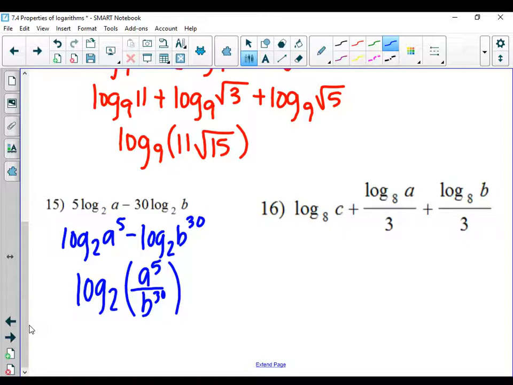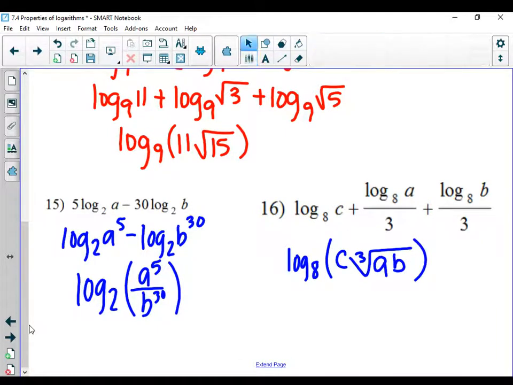Katie? So I, log base 8, and then parentheses, c, and then the cube root of AB. You did it all in one? Bold. I like it. Does anyone need me to work that out in pieces?